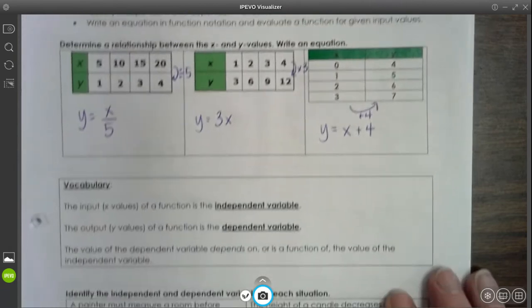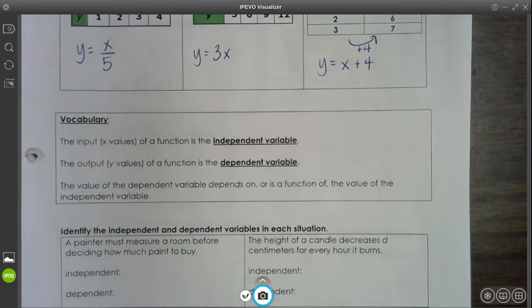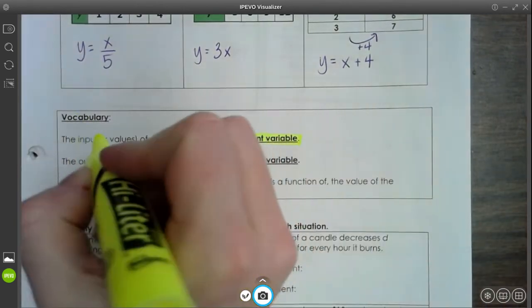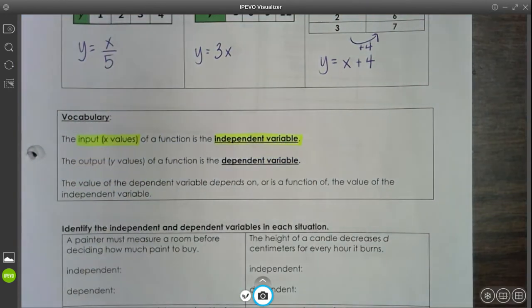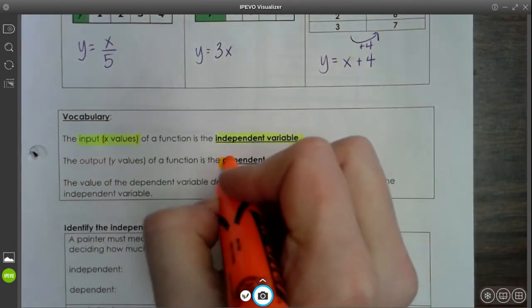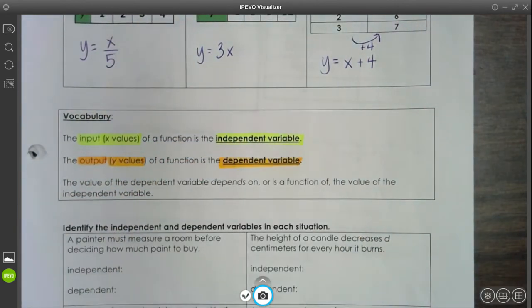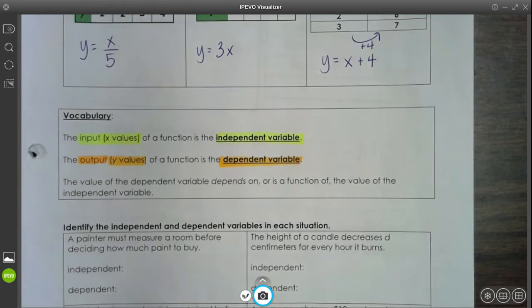Okay, so the next part says we have two different vocabulary terms. So the independent variable is the x values or the input. And the dependent variable is the output or the y values. There's a lot of words for y values, right? We call it the output, the y, or the dependent variable.